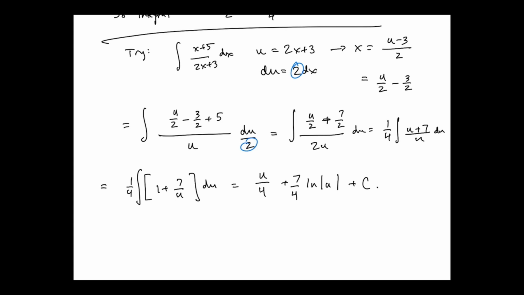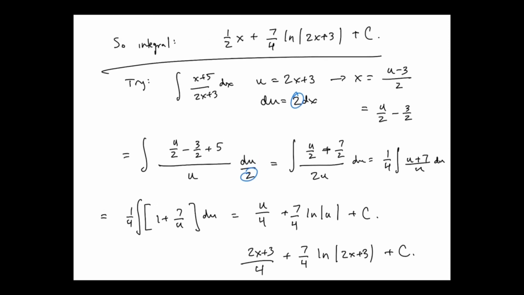Okay, so then the last thing we need to do is convert everything back in terms of the original variable, and then let's compare it to our previous answer to make sure we didn't screw anything up. Okay, so u was what, 2x plus 3? And then 7/4 natural log of 2x plus 3 plus c. Okay, let's compare that to what we had a minute ago.